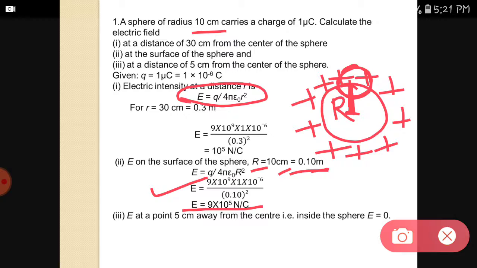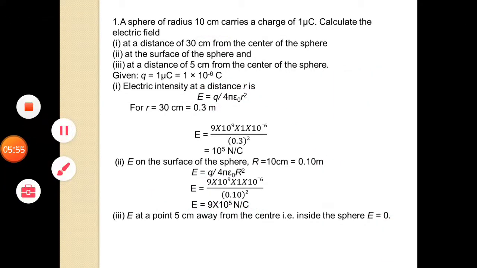Now, E at a distance of 5 centimeter from the center. So, what is given in this? Distance of 5 centimeter from the center. What is the radius of the sphere? I will draw it again.